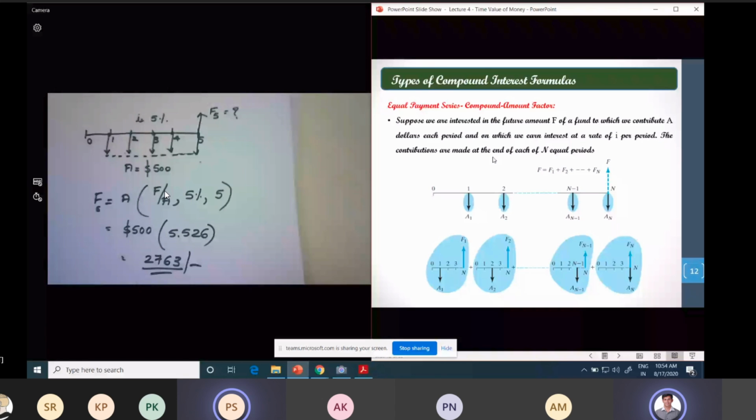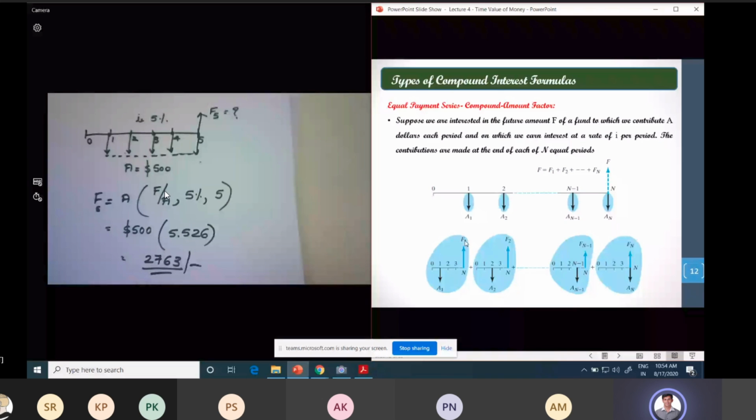Okay, so in this case, this is the cash flow diagram. We have divided the cash flow diagram according to the payment. You can see the ones I have given in blue circles. Those are the payments occurring at each year. Its consolidated value is written as F1, F2, Fn minus 1 and Fn.